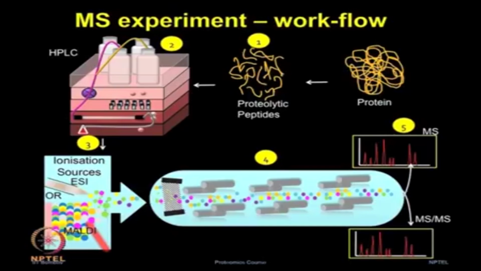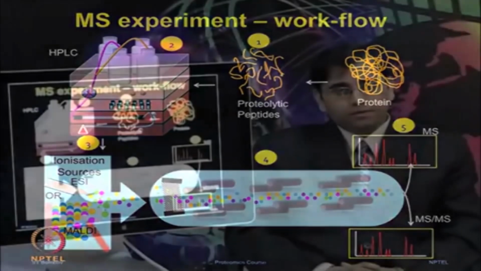Specific ions are selected in the collision cell and then, based on collision induced dissociation, the resulting fragment ions are further measured in the second mass analyzer. The MS precursor ion intensity can be used for peptide quantification and MS ion fragmentation can be used for sequence information and protein identification.